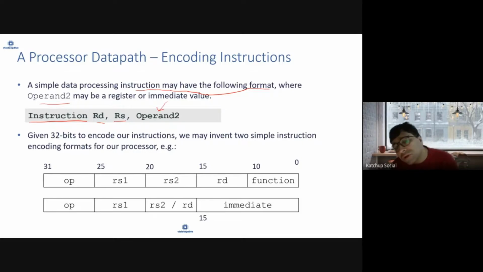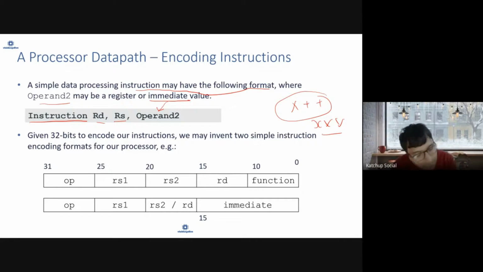Now your second operand can be data which is in memory. Maybe you are doing x plus plus, and then your second operand is just what is there in the memory, or you're doing x plus y, then the second operand comes from either an immediate value or maybe a register.